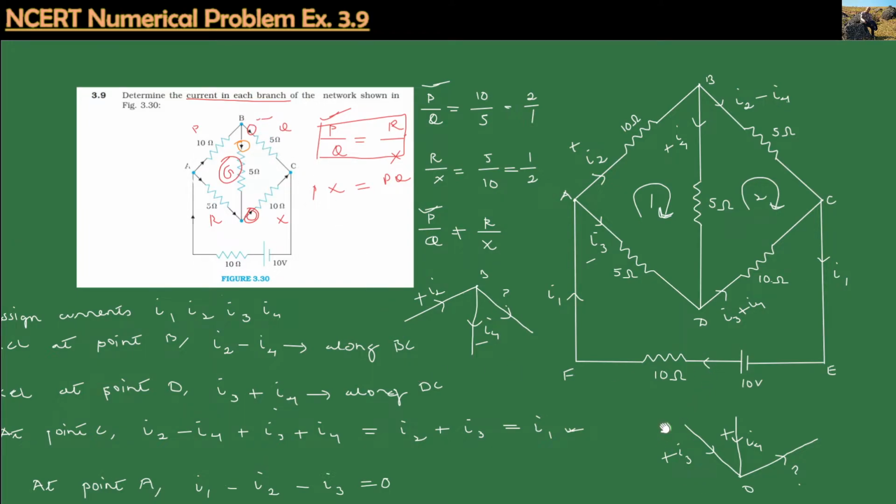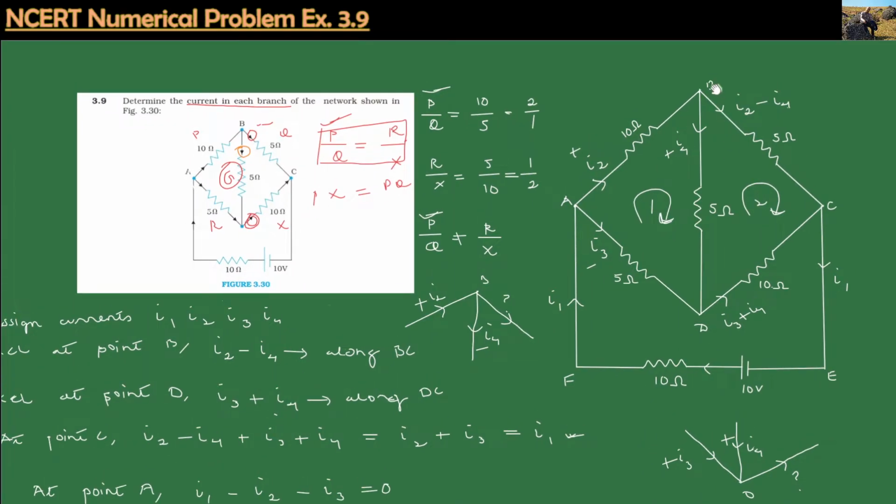On this loop BCDB, the current I2 minus I4 will be in the clockwise rotation with respect to this taken direction of calculation, whereas the current I4 on this branch BD will be in the opposite direction. Even the current across this branch will be in the anti-clockwise direction.